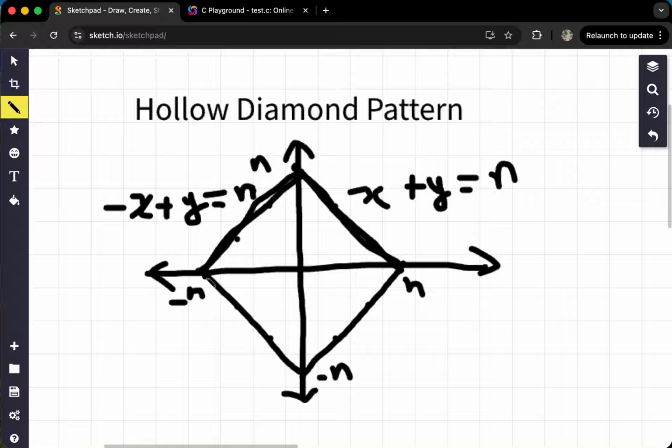Now coming to the third line, here both x and y coordinates are negative. So coming to this point, here x equal to minus n and y equal to 0. And to the other point, here x equal to 0 and y equal to minus n. So we can write the line equation as minus x minus y equal to n.